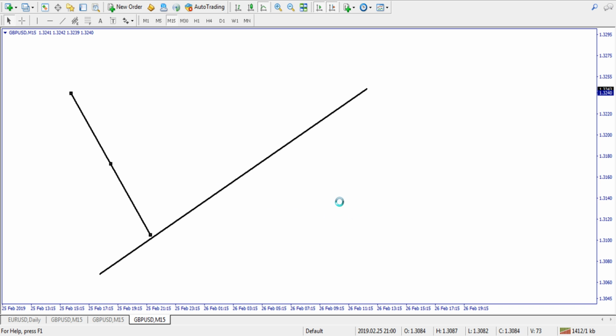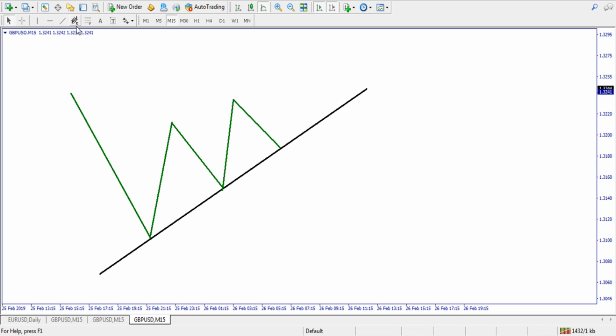Anytime you find price approaching this black line, it goes straight back up. Then it comes back again to the same place, and then it heads straight back up. Then it comes back to the same level, and then it heads straight back to the upper side.